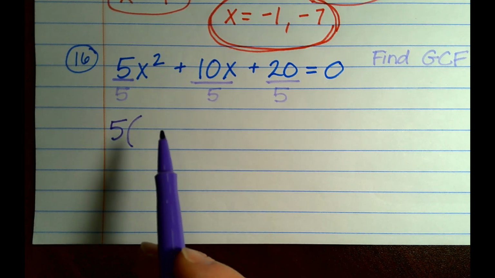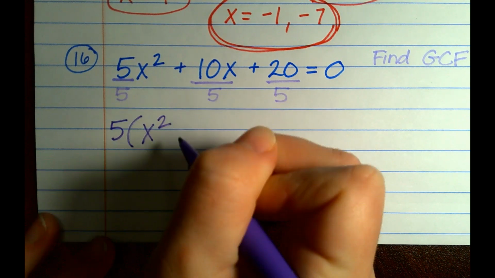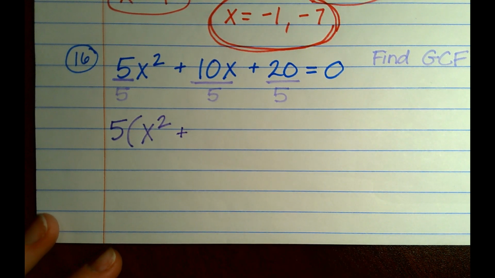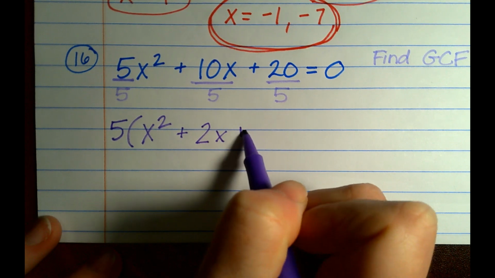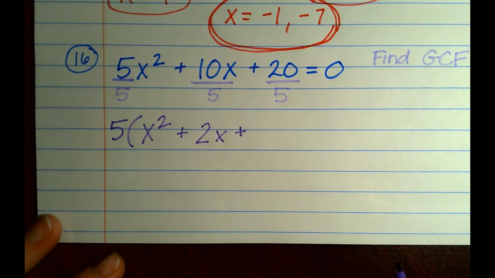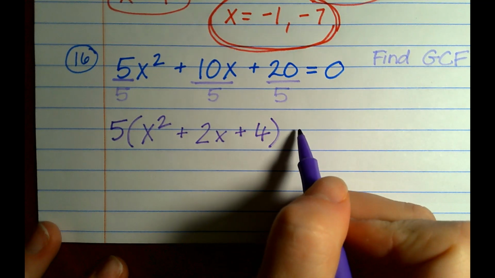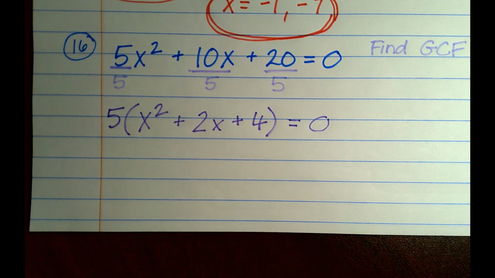And what goes next? x squared. Good. We got x to the second power plus 2x plus 4. And it's still equal to 0. So we've reduced it.